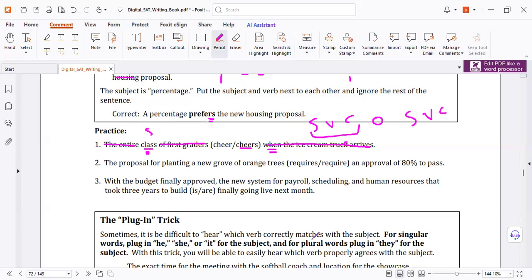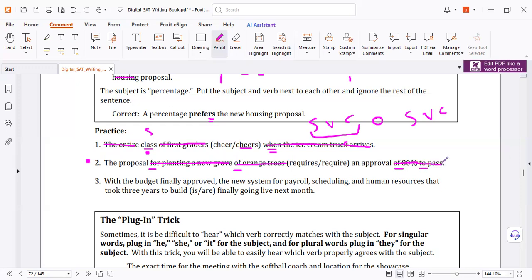Now, Khalid, your turn. Number two, what do you think? I think the subject would be growth. No, follow the rules. Preposition, delete. Preposition, delete. Preposition, delete.